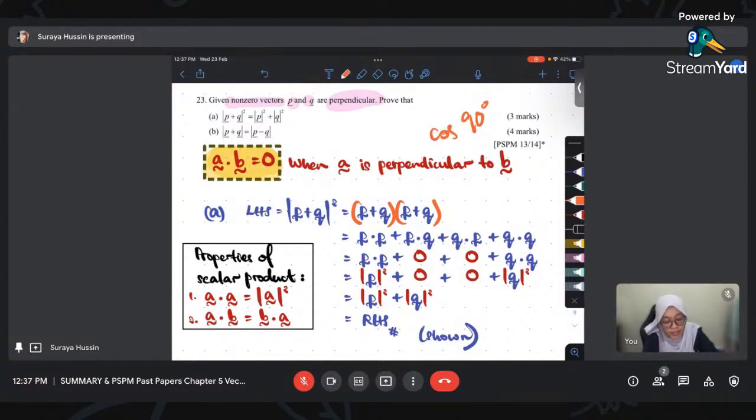So cos 90 degree gonna give us 0. Okay, and this cos is referring to the dot product. Okay, dot product yang mana? A dot B product, which gonna give us equal to 0. So in this case, ini adalah salah satu tips lah macam mana kita nak tahu, oh aku kena pakai dot product punya formula, dot product punya properties.